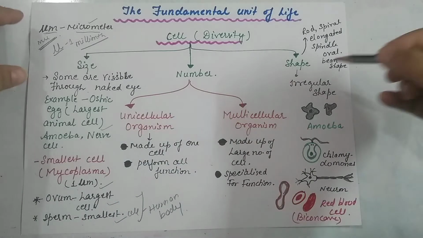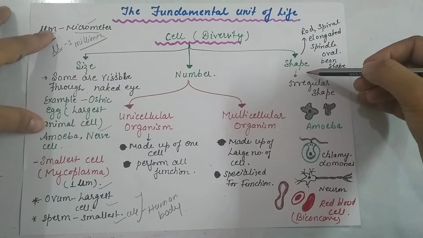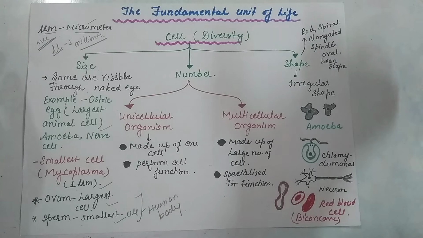Now next is shape. We know that shapes are also very different. The cells are not all the same shape. You will find different shapes of cells in your body as well as in other organisms, and they are not only regular but also irregular in shape.